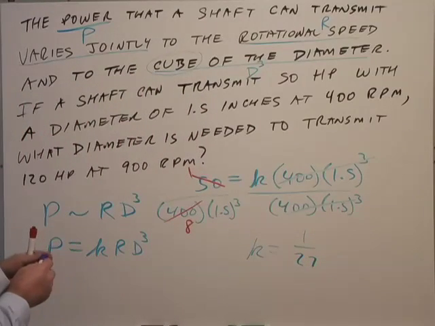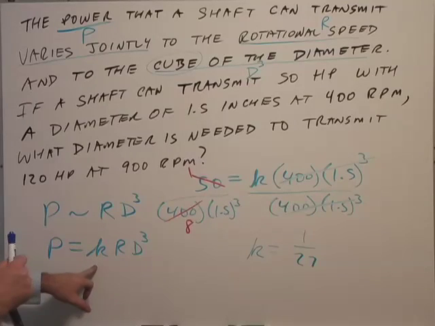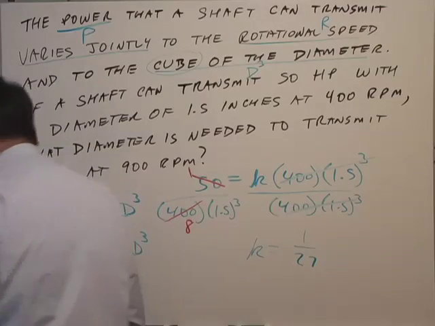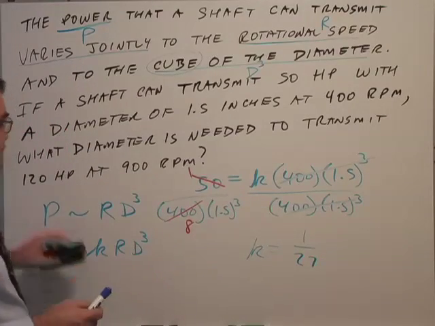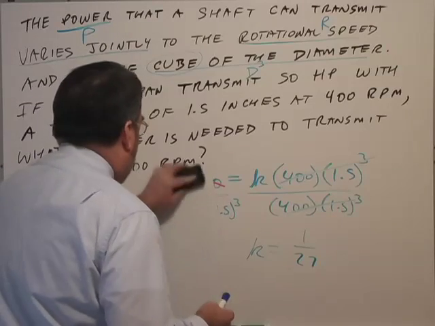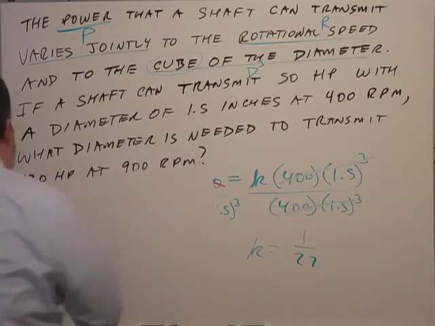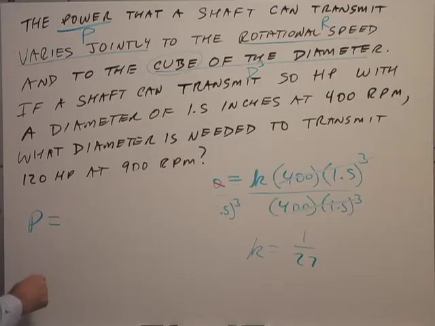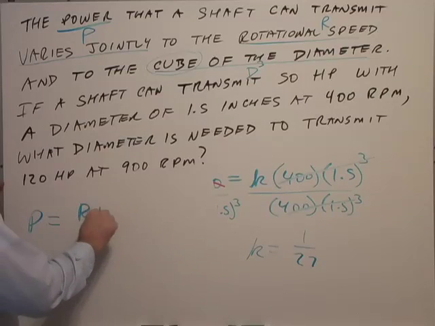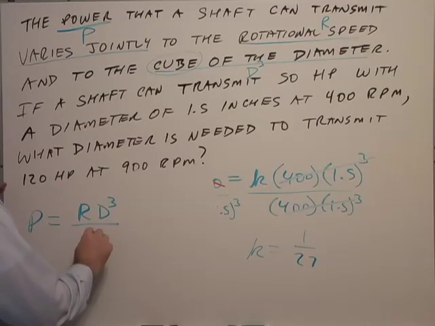So there's K. And now I'm going to replace it here with that number, and then we'll have our full equation of variation. So P is equal to R D cubed over 27.